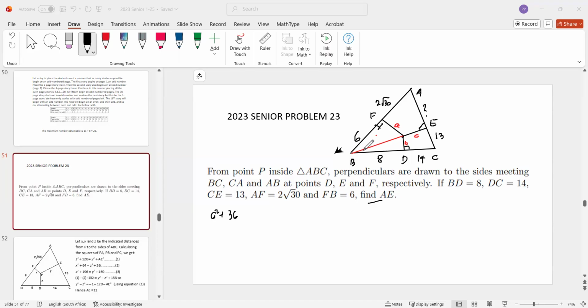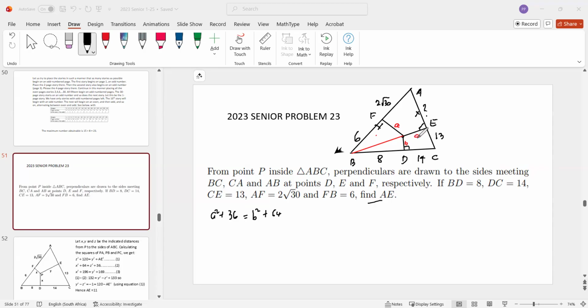I'm not going to give this any name, but I know that it's a square of this, and the square of this, if you go to the other triangle, will be B squared plus 64. All right, let's give it a name. Let's call this X here. All right, so now that is from this picture here.